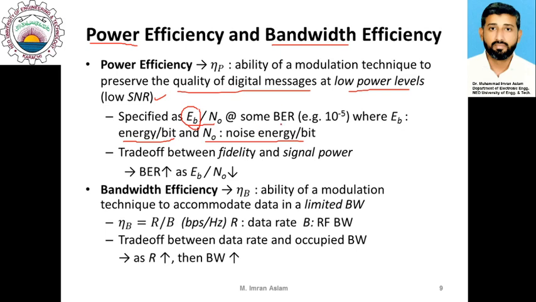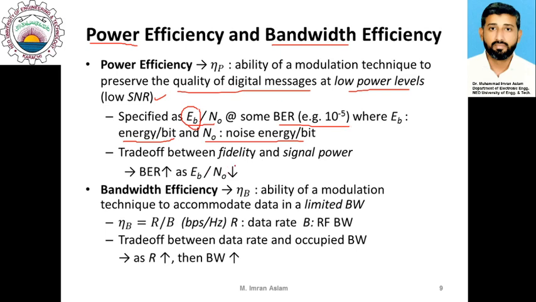Say for example, if we need a BER of 10 raised to the minus 5, we want this BER performance with as low a value of Eb/N0 as possible, because a lower value of Eb/N0 would result in lesser use of power, so it will be a more efficient system.